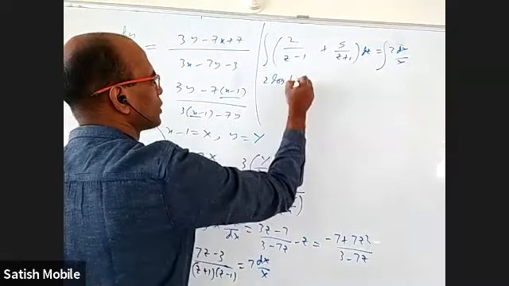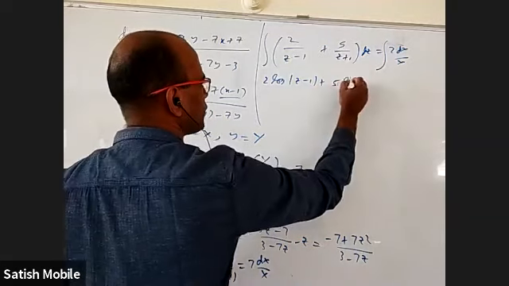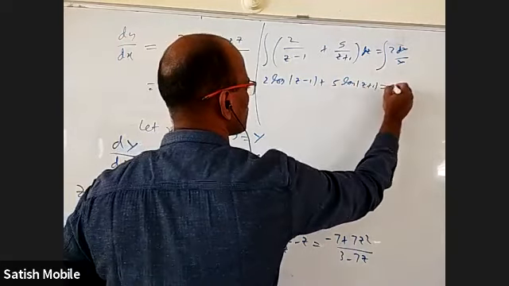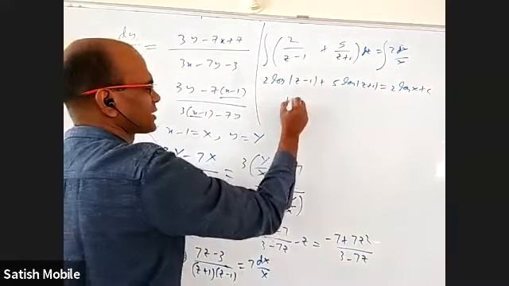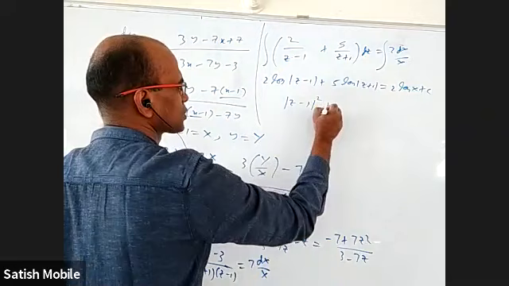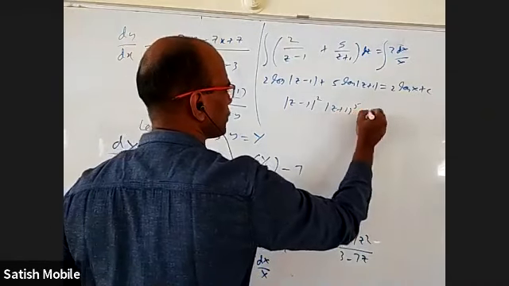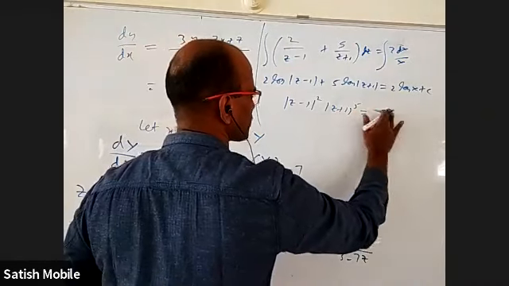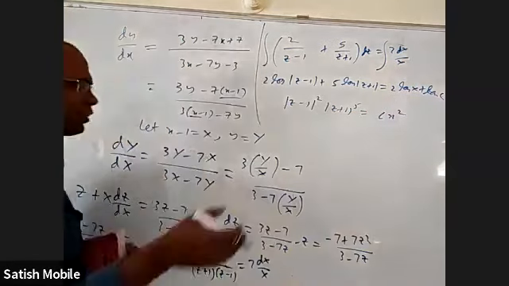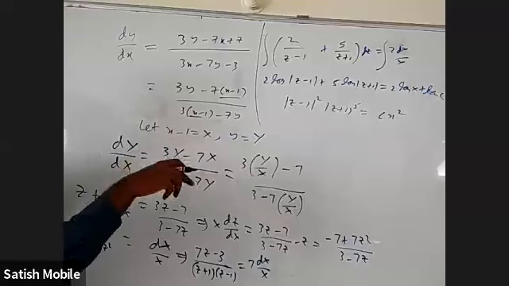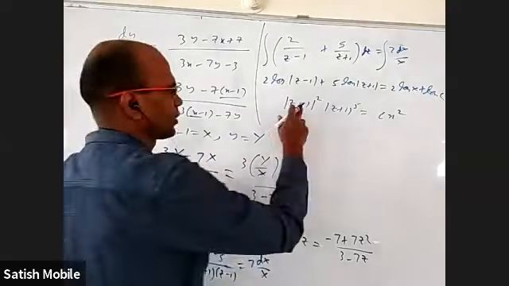This is 2 log mod (z − 1) + 5 log mod (z + 1) = 2 log X + c. When I take powers and cancel, I'll get |z − 1|² |z + 1|⁵ = cX². Now you can put z as Y/X.